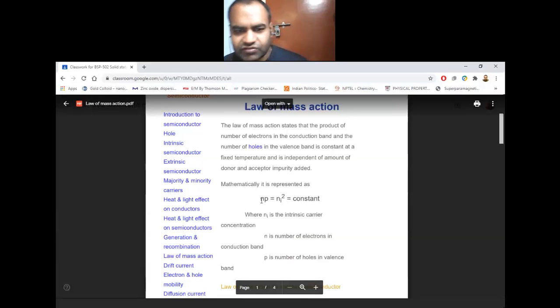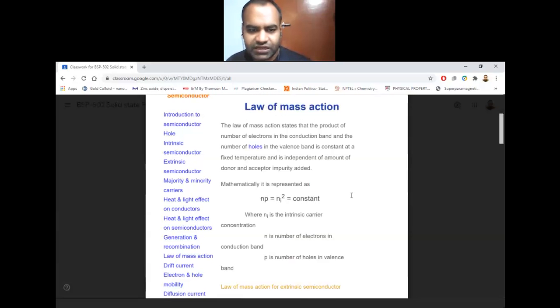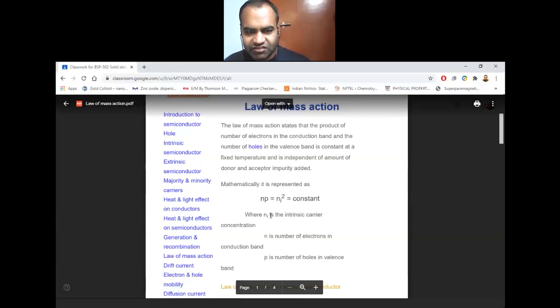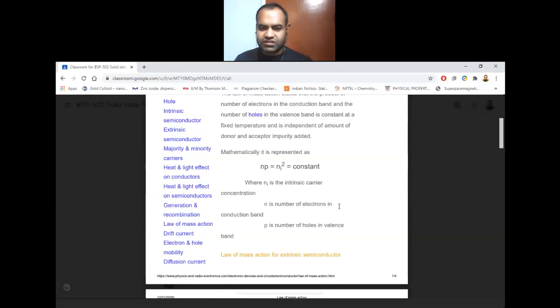Mathematically it is given as np = ni² = a constant quantity. What is ni here? ni is the intrinsic carrier concentration, n is the number of electrons in the conduction band, and p is the number of holes in the valence band.